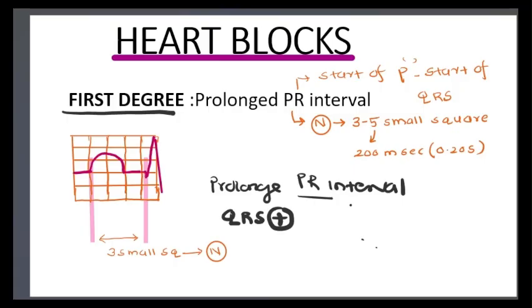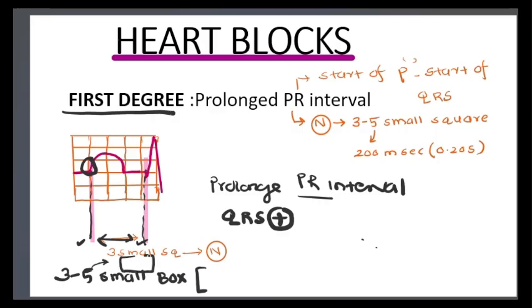First of all, what is a prolonged PR interval? The PR interval on an ECG is the distance between the start of the P wave and the start of the QRS complex. It is usually between 3 to 5 small boxes. 5 small boxes make one big box.